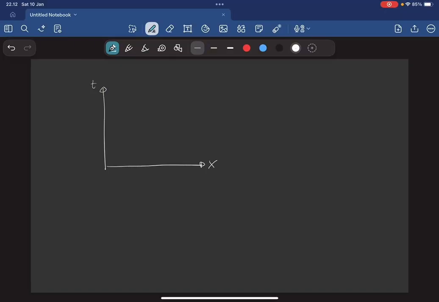These x and t axes are both calibrated in seconds. The trajectory of a light ray makes equal angles with the x-axis and with the t-axis.